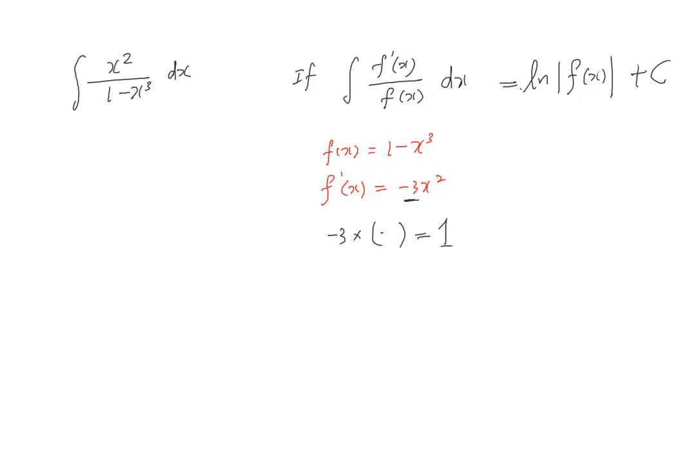Definitely negative 1/3. So all these I work in here. So I make a modification here. I want the negative 3 to be at the numerator, correct? So I put here negative 3x squared. So outside here, I must put negative 1/3.